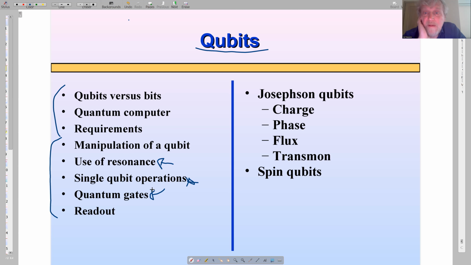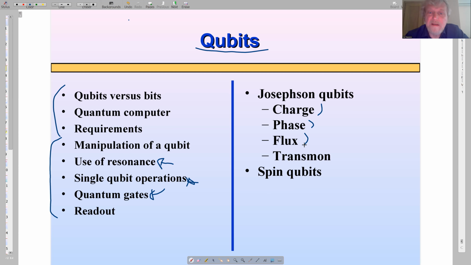Mostly, we will talk about Josephson qubits, which explore homemade quantum mechanics made of a combination of Coulomb blockade and Josephson energy, Josephson effect. There are many possible qubit realizations which have been experimentally realized at different time moments.